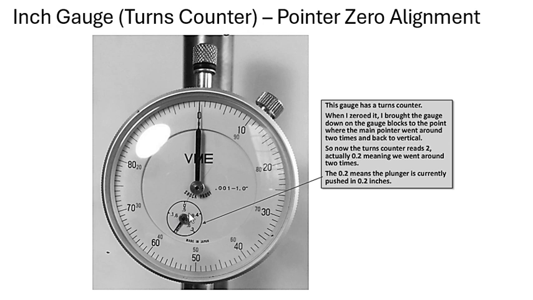From here to here is 0.1 inch. So 1 turn in the little dial is going to give you 0.1 inches. In the larger dial, 1 complete little dial is equal to 0 to 10 here, going all the way down. So that's 0.001 for each one of them.